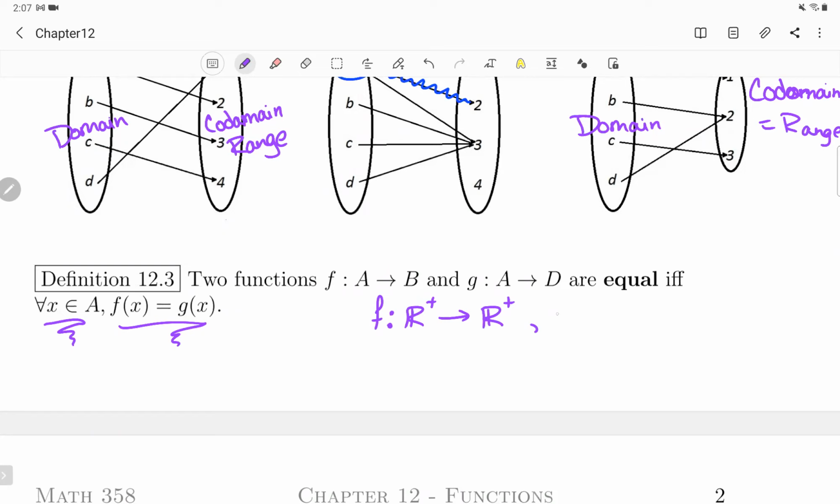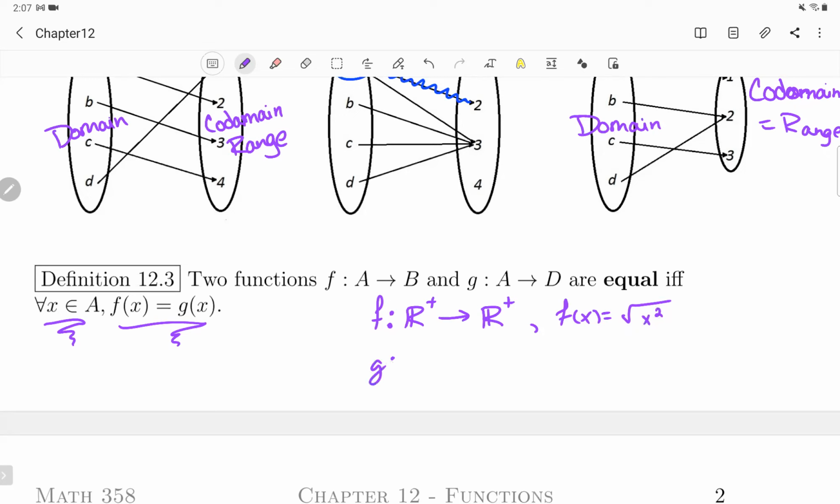f of x equals the square root of x squared.